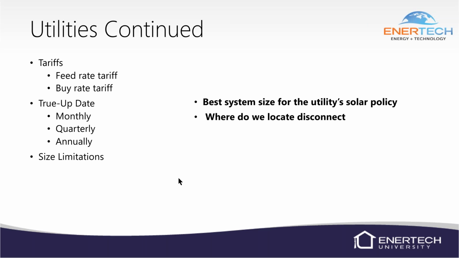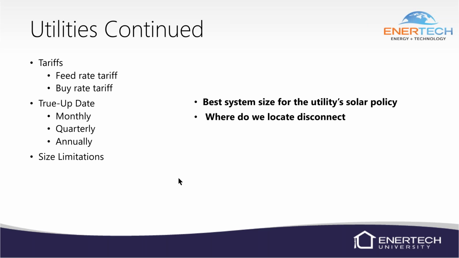I've heard of some utilities having thresholds for systems where they allow net metering. There's one co-op I can think of that has net metering for anything up to 10 kW AC, which is the inverter.